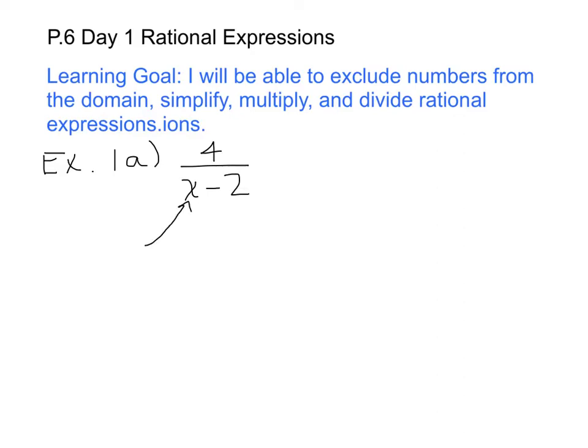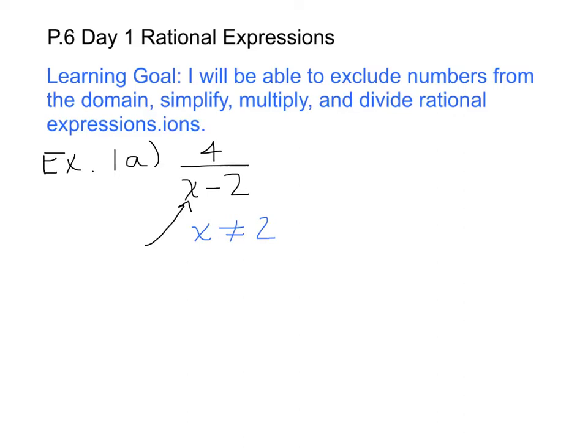What numbers would make your denominator 0? That would mean that x would have to be equal to 2. So when we exclude it, we just say x cannot equal 2. Because if it is 2, you divide by 2 minus 2, which is 0.